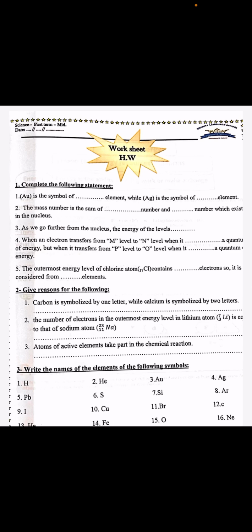Give reason for the following. Carbon is symbolized by 1 letter while calcium is symbolized by 2 letters. Due to the similarity of the first letter of both of them.